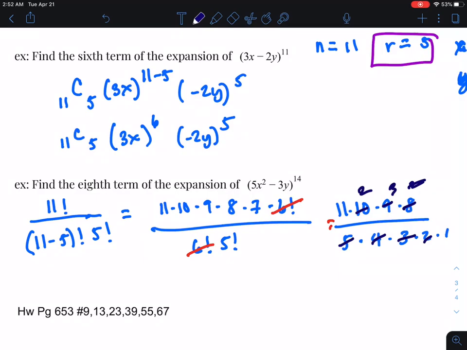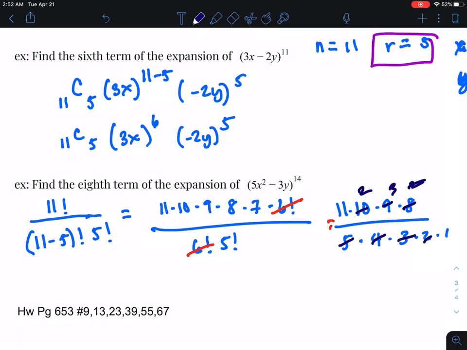Sure I got that right. Choose 5. 462. Should be 462.